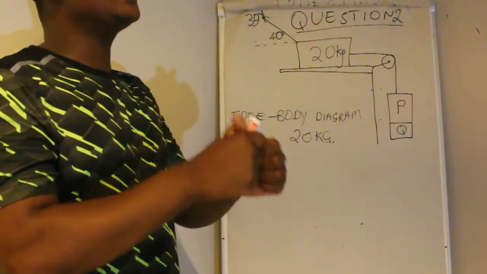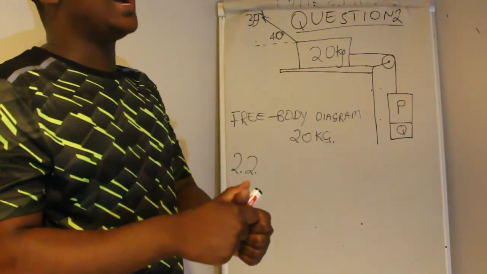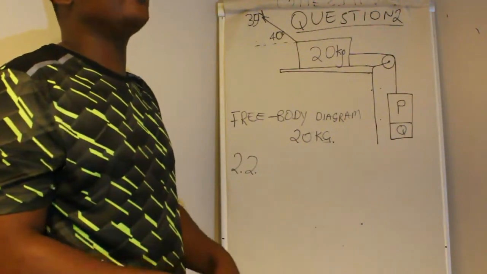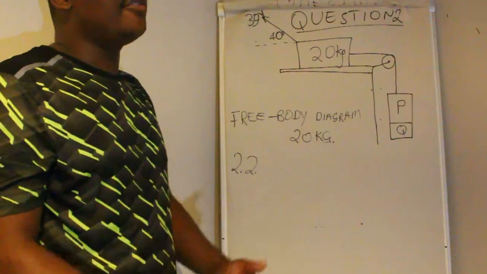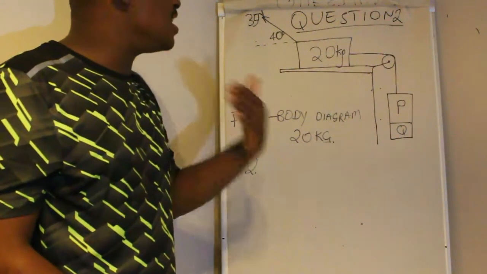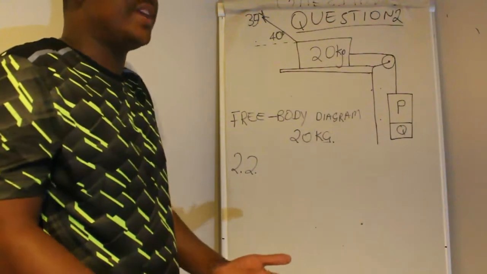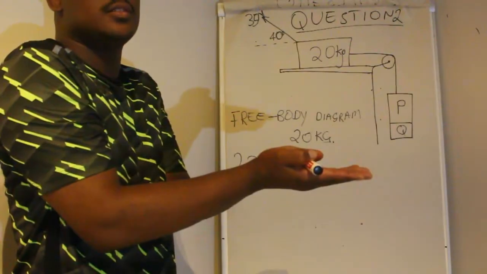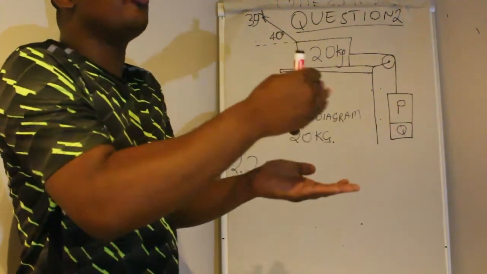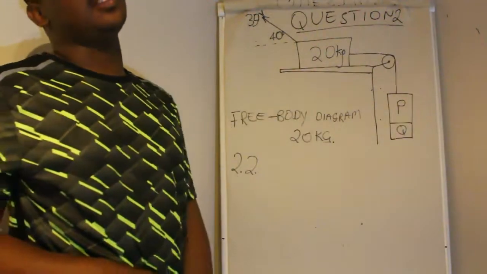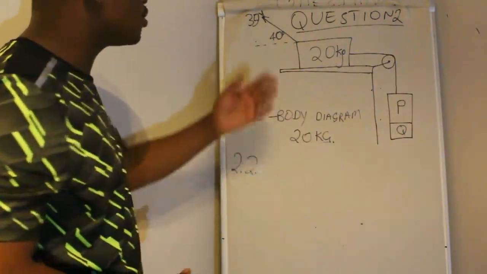Normal force acts on objects that are placed on a surface, because if I'm hanging, gravity will act on me, but there will be no normal force on me because I will not be standing or placed on any surface. Normal force is the force of the surface on the object, and it's always perpendicular to the surface. So let's draw the free body diagram.